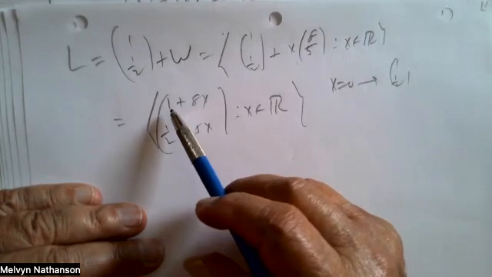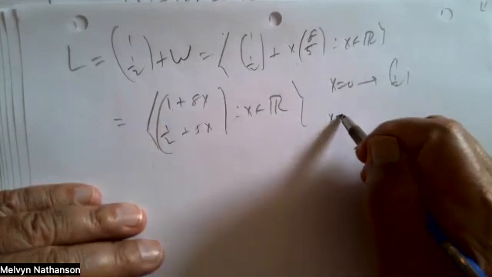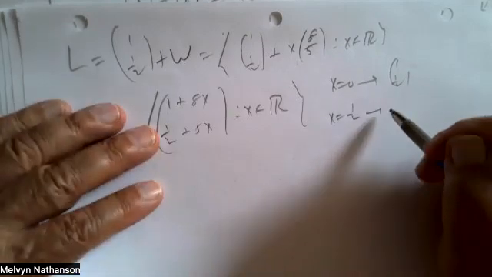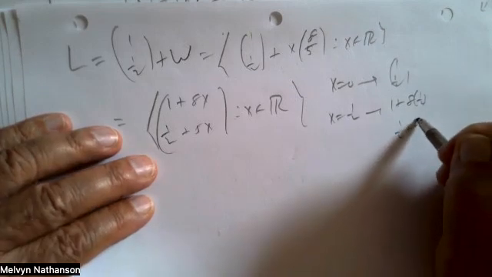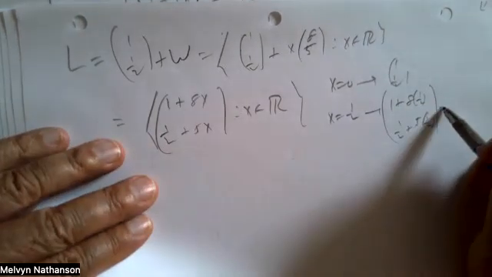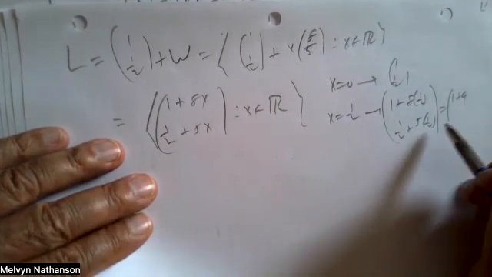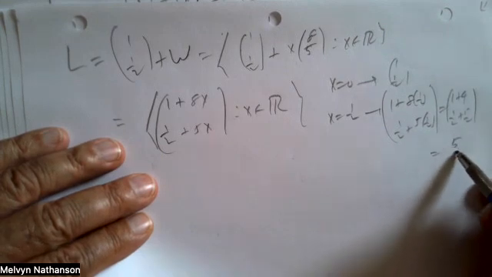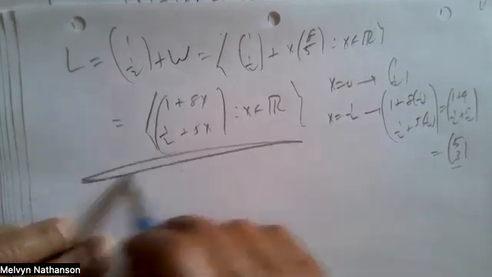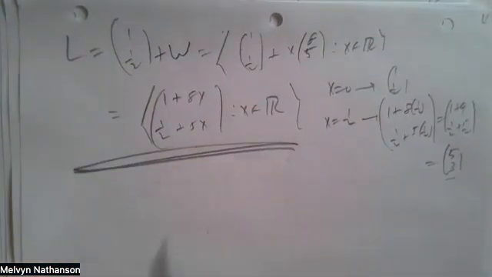If I want to see if I can recover the vector (5, 3), take x equal to a half. Then this gives me (1 plus 8 times a half, 1/2 plus 5 times a half). This is (1 plus 4, a half plus 5/2). That gives me back the vector (5, 3). But I could also write the solution space in this form. The solution space is unique, but how you represent it can be done in many different ways.